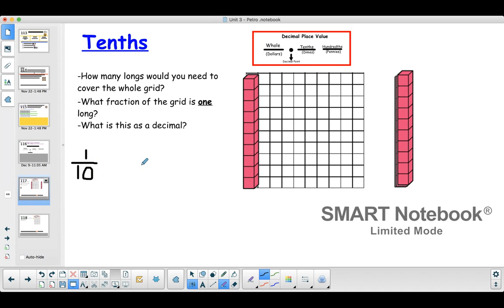And how can we write this as a decimal? We can write 1/10 as a decimal like this: we have 0 wholes, then our decimal point, and we have 1 tenth.